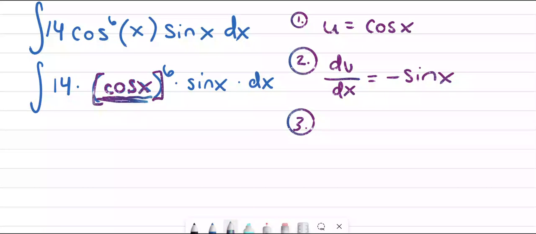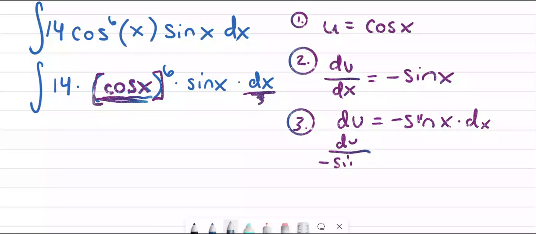Where we used to have cosine, we're going to put u. And where we used to have dx, we'll put something that's equal to dx. And so you'll notice it kind of follows the same steps a lot, but multiply both sides by dx to get it out of the denominator. And then divide both sides by negative sine to get dx by itself. So you get du over negative sine of x equals dx.